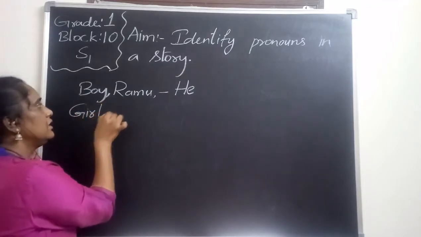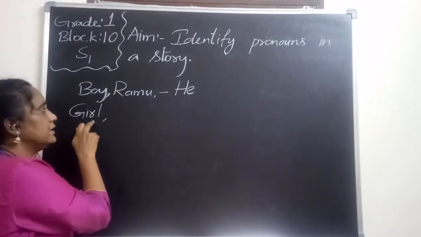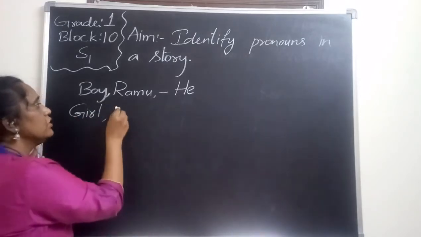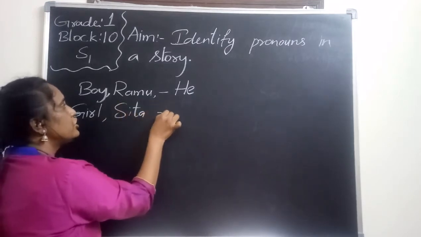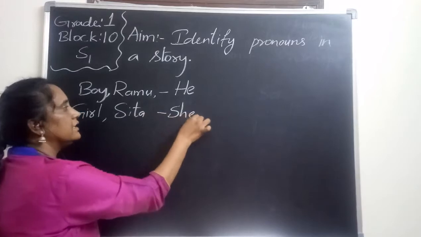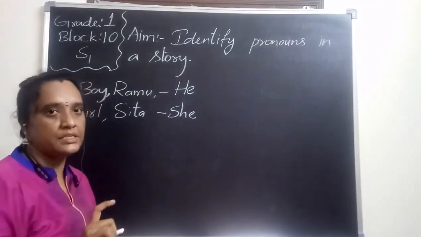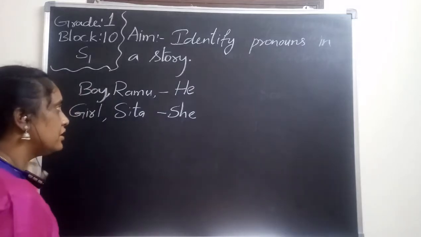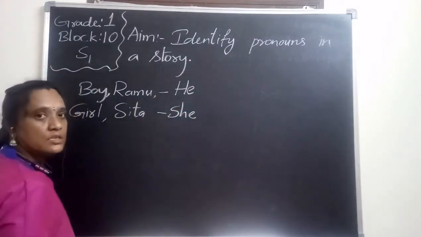For a girl, any name or any girl, we use she. She means a girl, singular. For a singular boy, we use he, and for a singular girl, we use she.